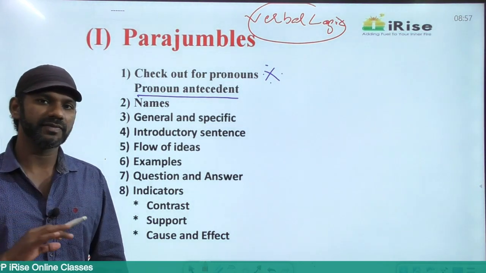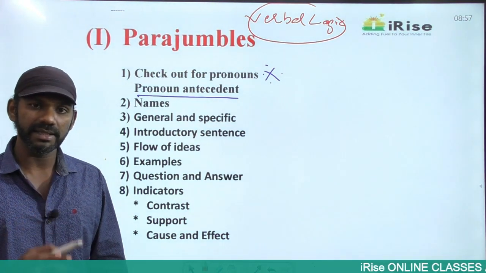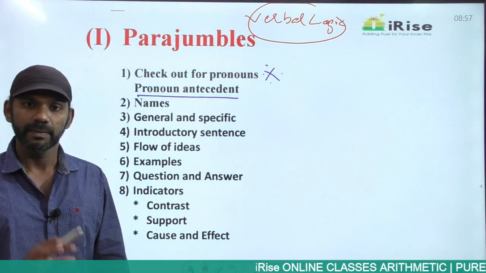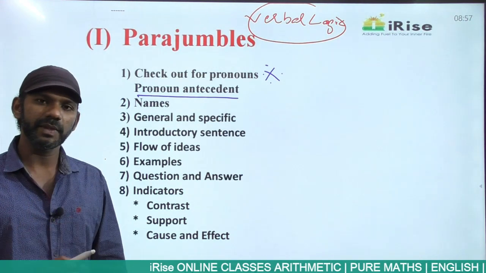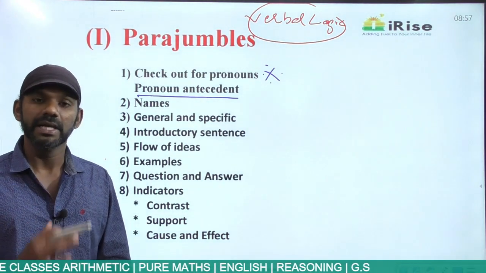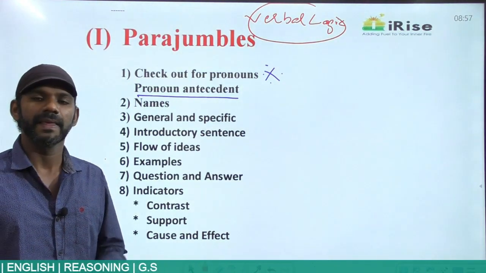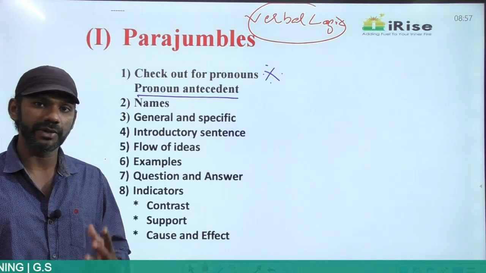Now it is very clear that the sentence that tells us who Gandhiji is the introductory sentence, because Gandhiji is getting introduced here. This means these four sentences are taken from the beginning of a paragraph. So in such a case, you can easily find the introductory sentence.